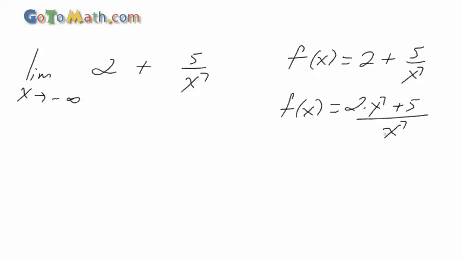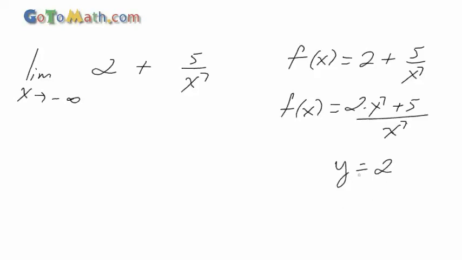If you were asked for the horizontal asymptote, remember you look at the two leading terms. The one on top is 2x to the 7th, with a power of 7. The bottom has a power of 7 as well. So you just take their coefficients. The horizontal asymptote is y equals 2. That's the horizontal asymptote.